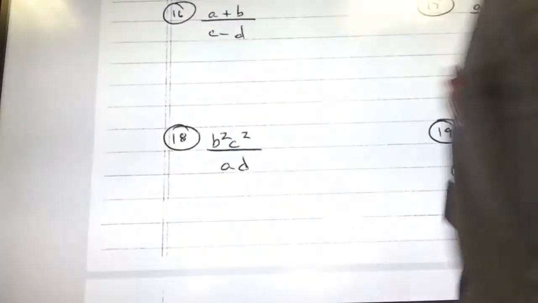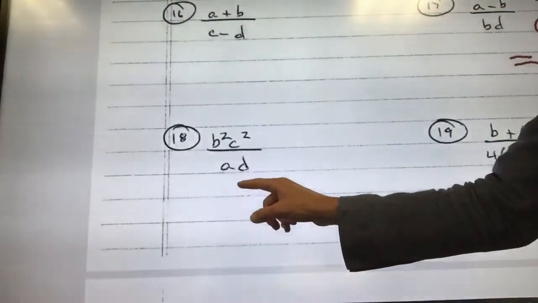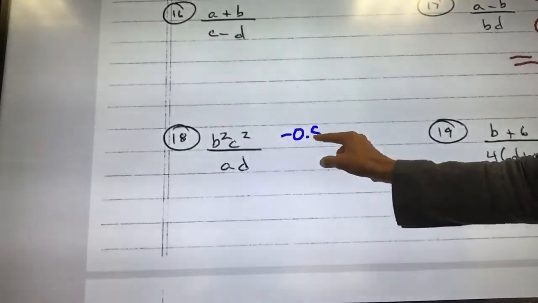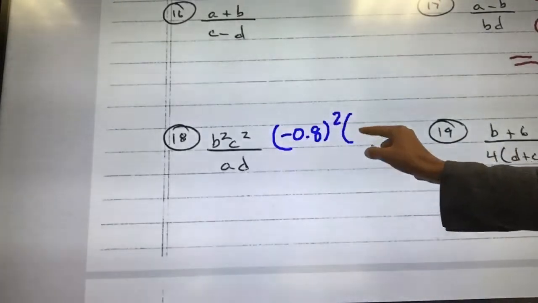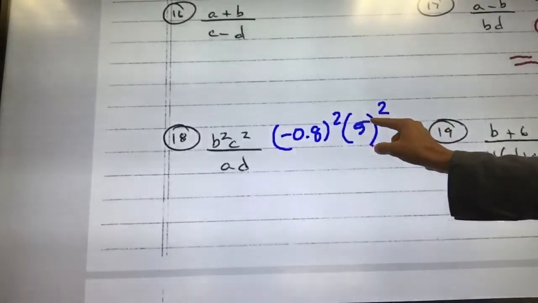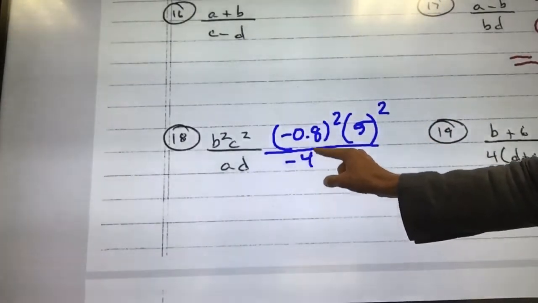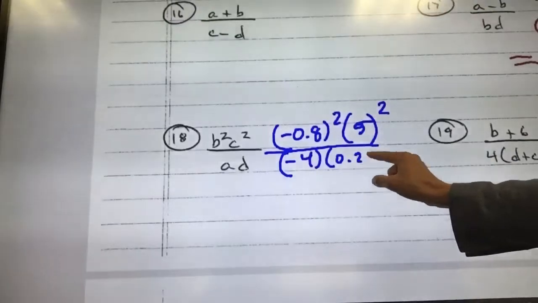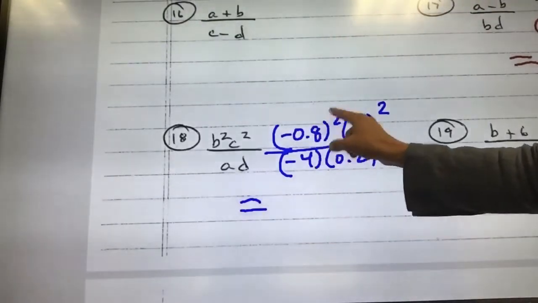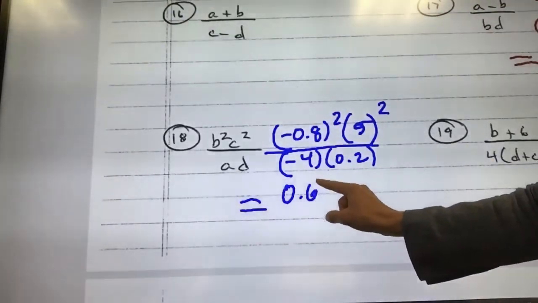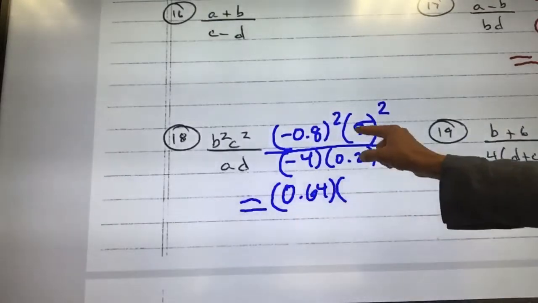Number 18. Oh, it's right here. B squared C squared all over A times D. That's 0.64 times 25. That's 5 squared.